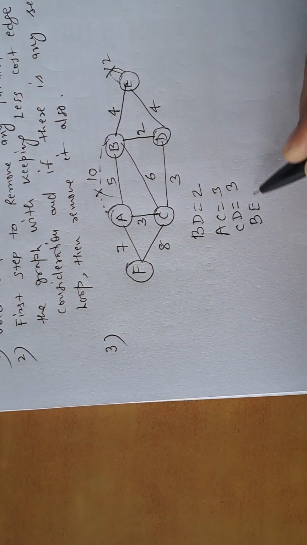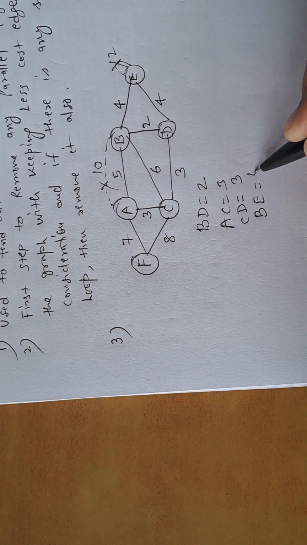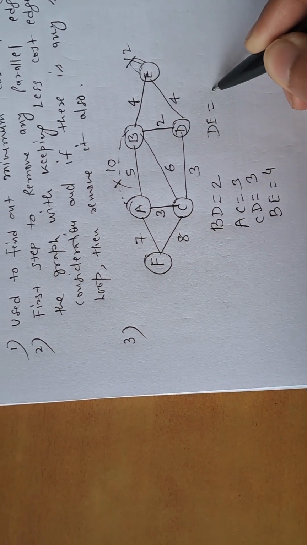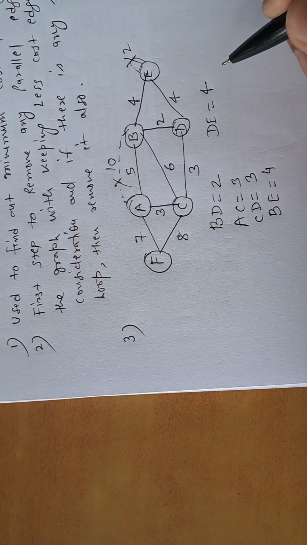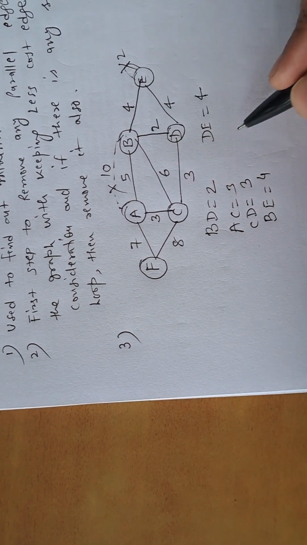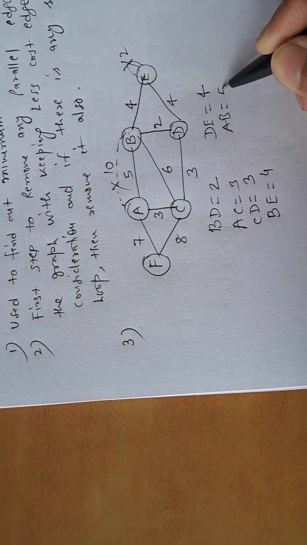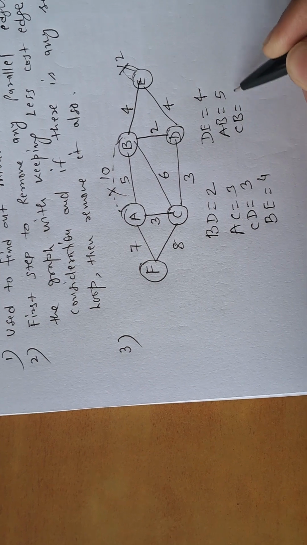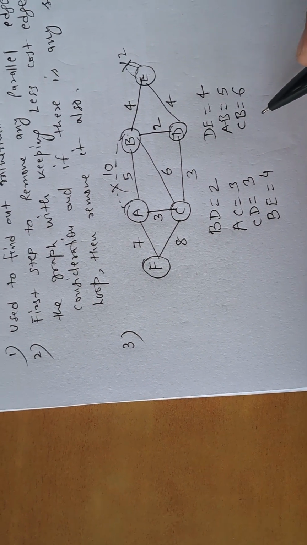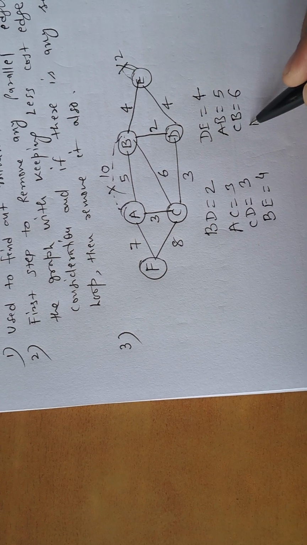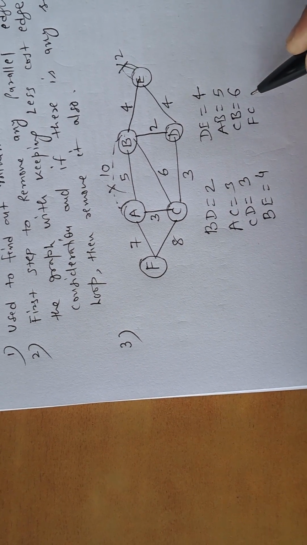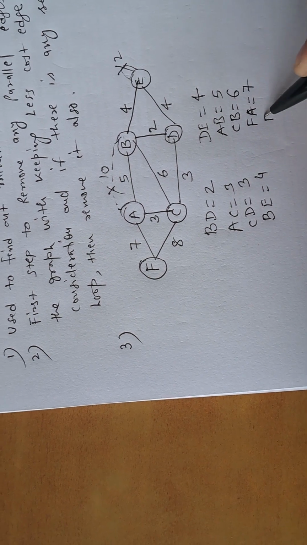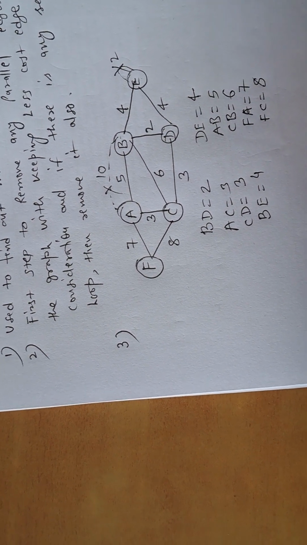So BE will have 4, and then DE also we have 4, and then we have 5 between A and B, and then C to B we have cost 6, and F to A we have 7, and F to C we have 8.